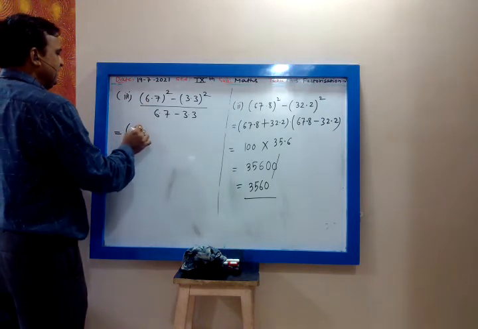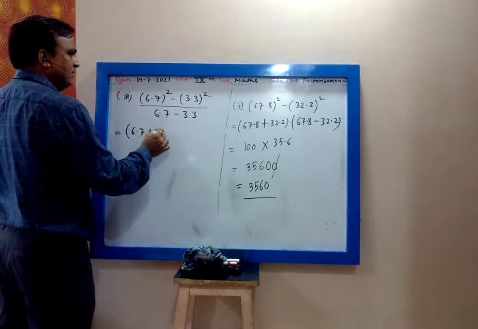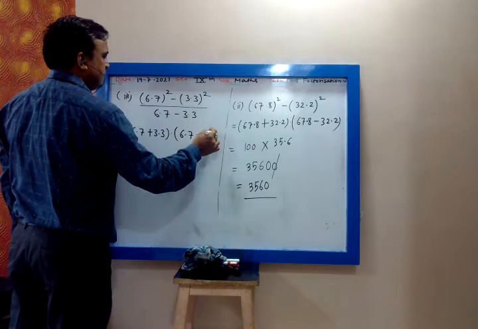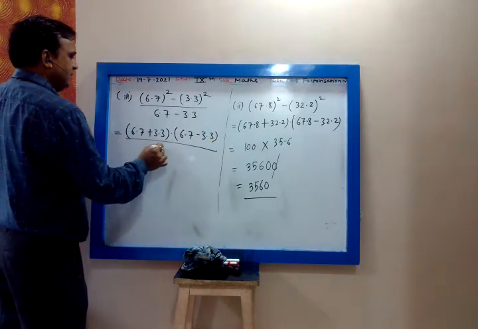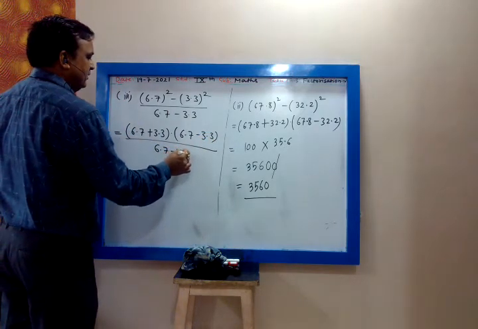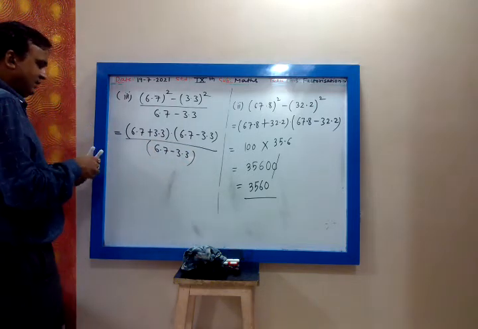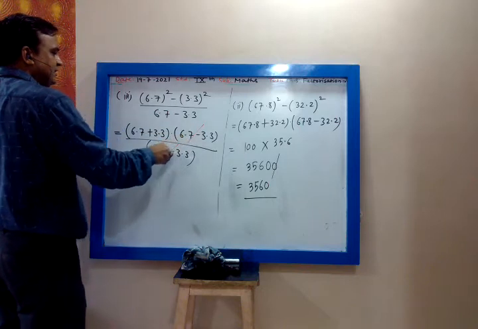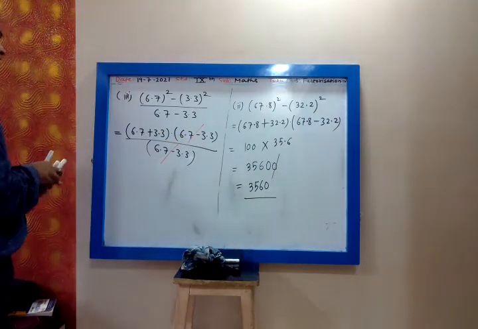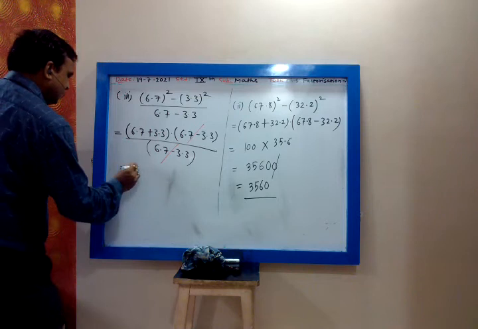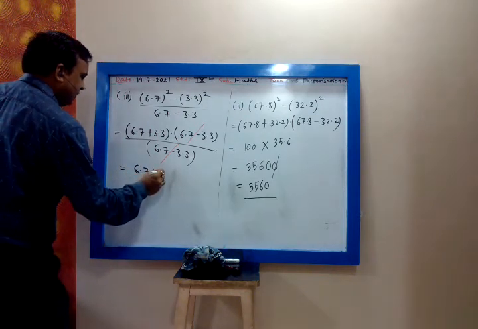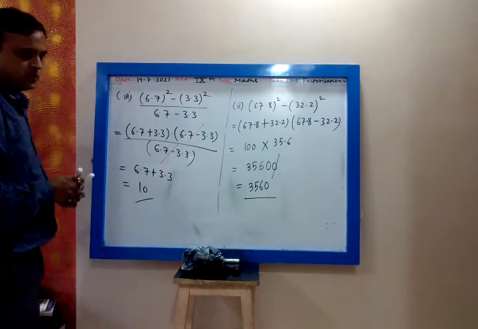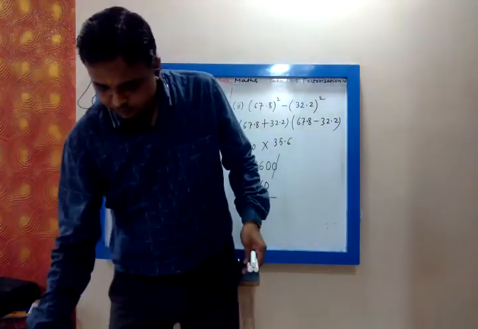That is 6.7 plus 3.3 into 6.7 minus 3.3 upon 6.7 minus 3.3. Okay. So the numerator gets cancelled with the denominator. 6.7 minus 3.3 gets cancelled. So what is left? 6.7 plus 3.3. Answer is 10.0, that is 10.